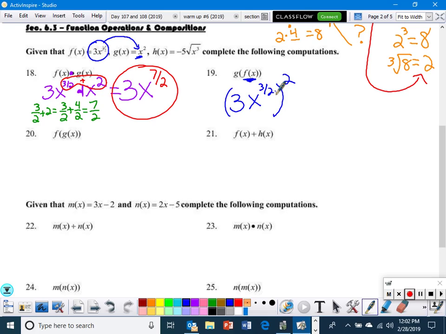Well, following the exponent rules, we have to now do 3 squared. And then remember here, we multiply the exponents together. 3/2 times 2. Okay, if you need to use a calculator, use it, or multiply it by hand. 3/2 times 2 is 3. So our final answer is 9x cubed.